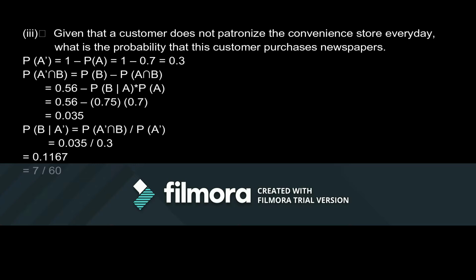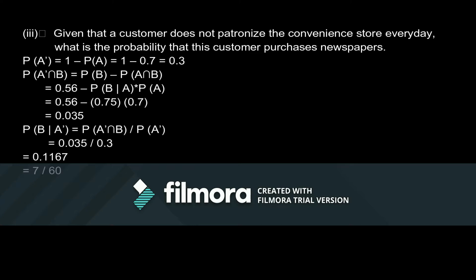Next, we need to find out the probability of the intersection of the event that a customer does not patronize the convenience store every day and event B. To calculate this, we can use the probability of event B minus the probability of the intersection of event A and B. The answer is 0.035.